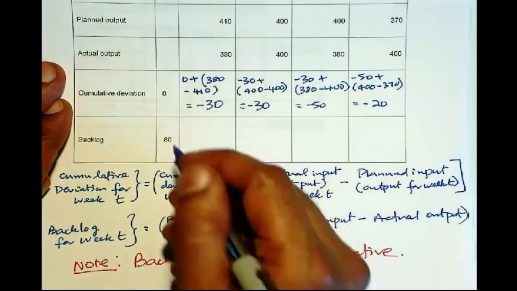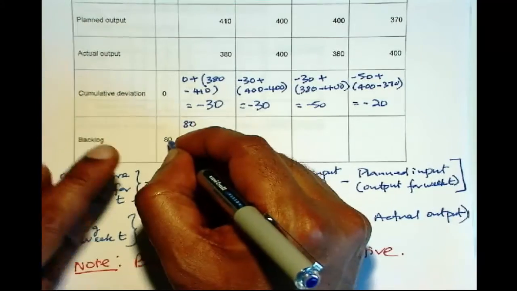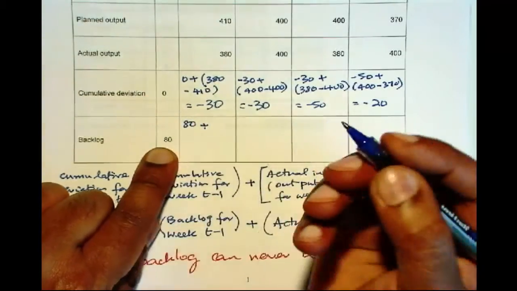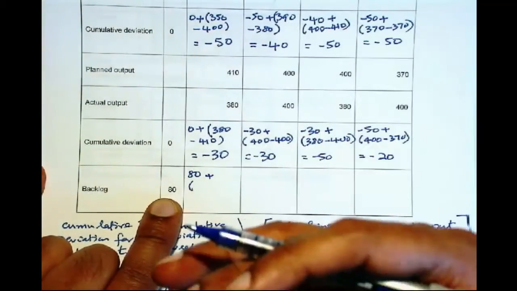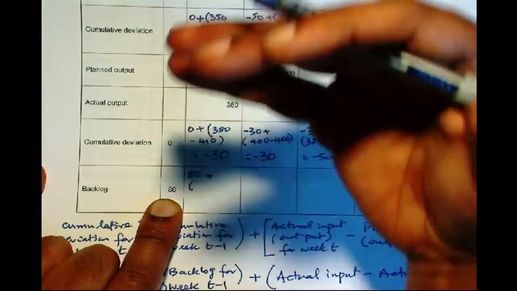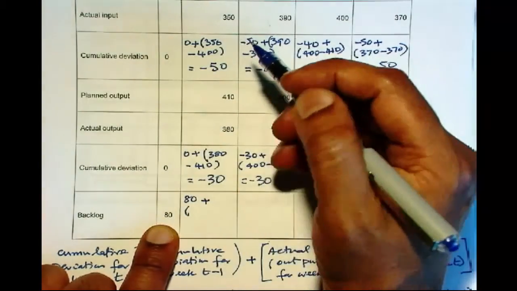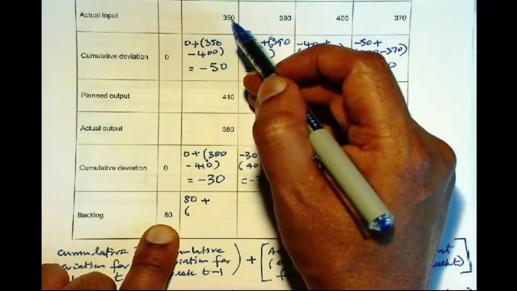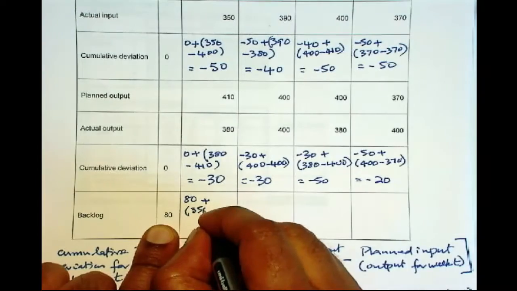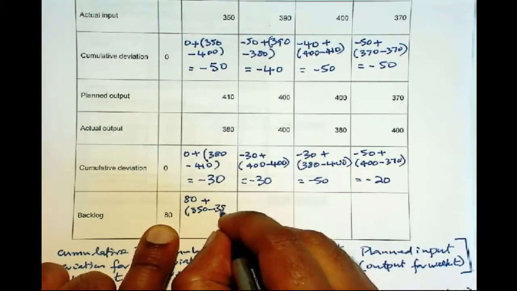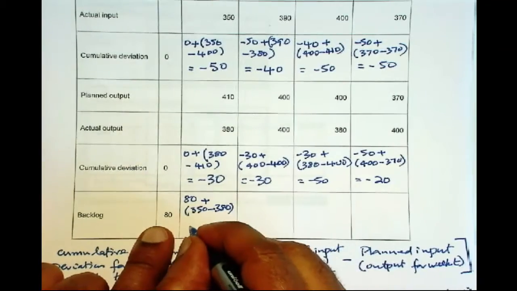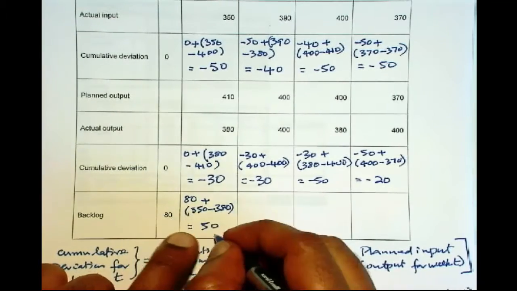So we have 80 previous backlog plus, remember, the actuals, the actual input. Actual input is the amount of jobs that come into the workstation. So the actual input is 350. And what is actually getting out is 380. So the backlog now is 50. From 80 it has come down to 50.